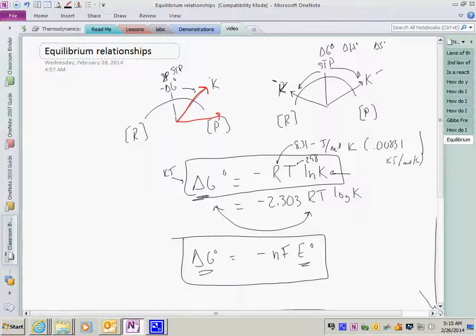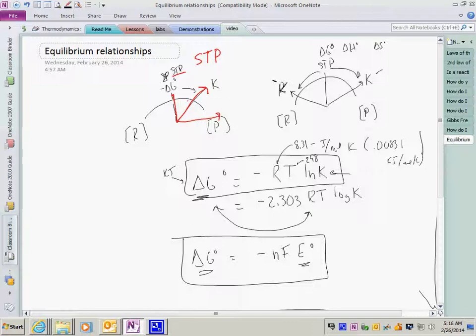And of course, this would be product favored. So I draw the line straight up just to represent what I call STP, my standard starting place, which stands for standard temperature and pressure.